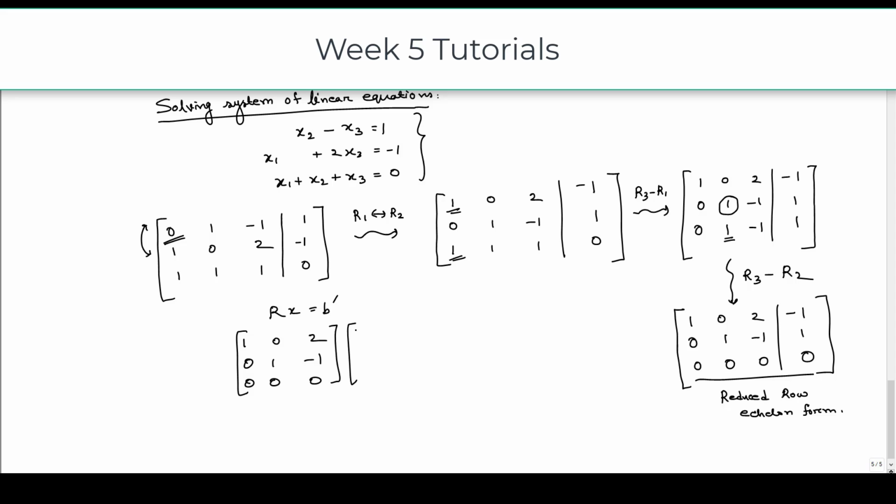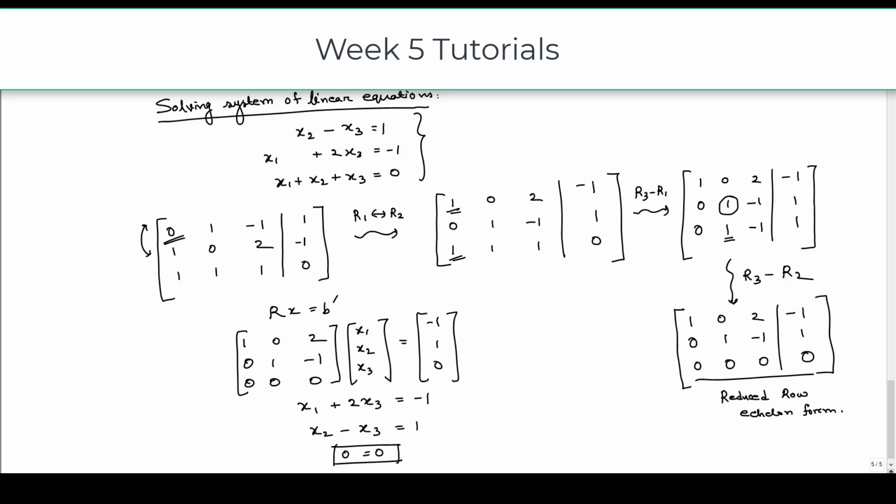This is R. This is our x1, x2, x3, and our B prime will be minus 1, 1, 0. So from the first row we get x1 plus 2x3 equal to minus 1, and from the second row we get x2 minus x3 equal to 1, and the third row gives us 0 equal to 0.